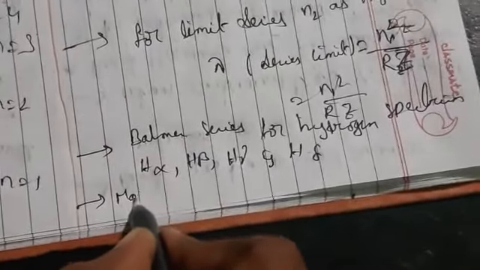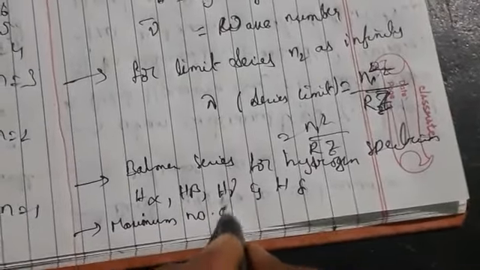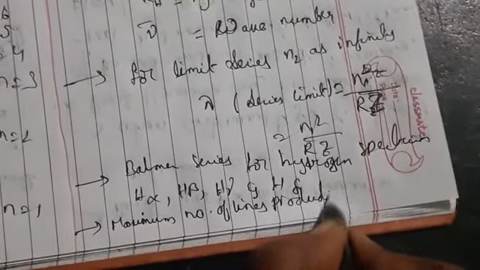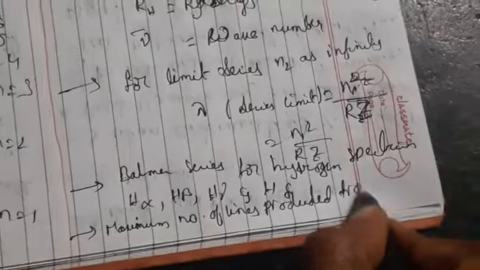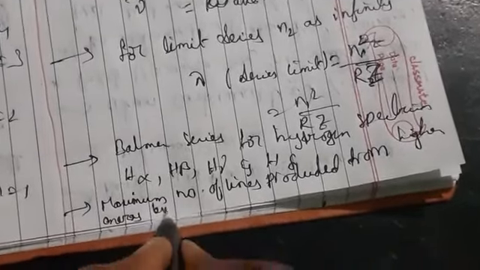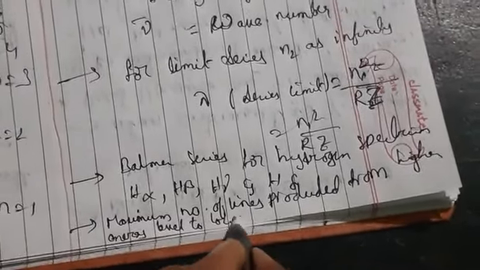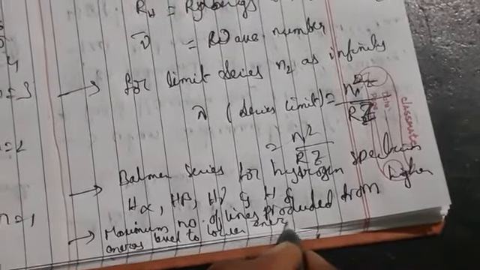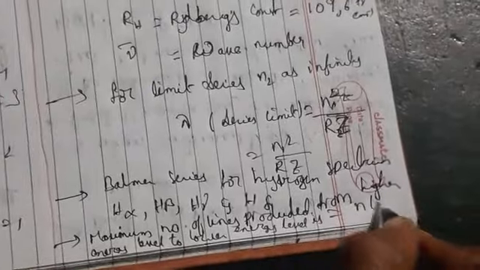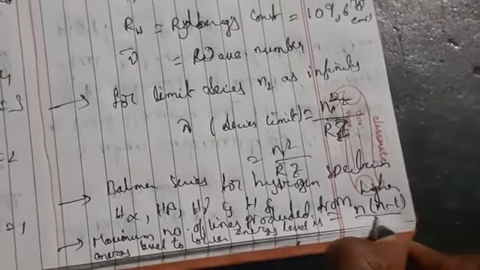The formula for the maximum number of lines produced from a higher energy level to lower energy levels is n into n minus 1 by 2.